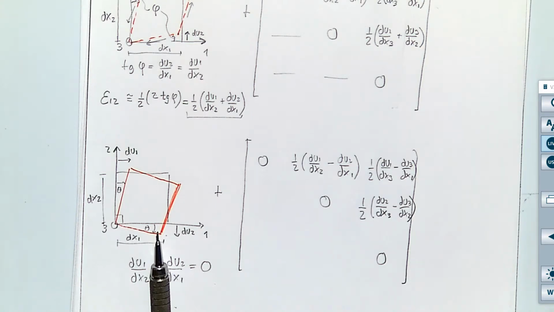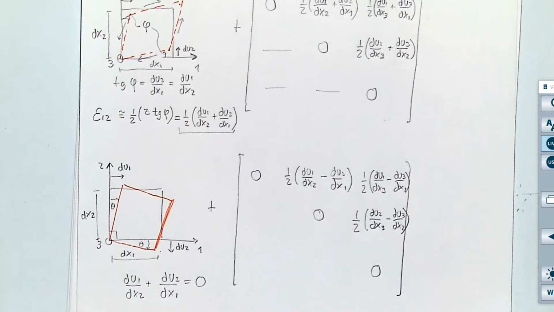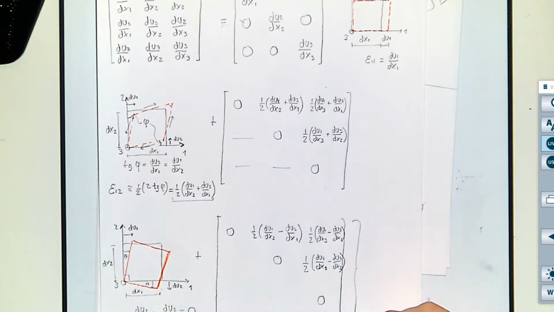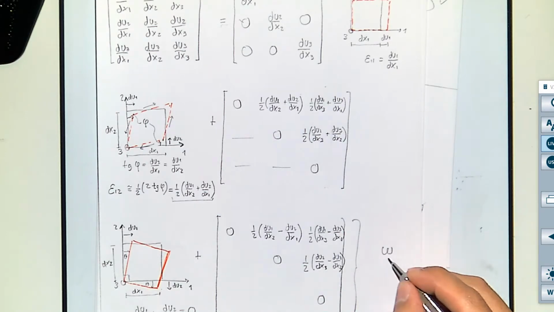In order to capture strain, that's what we need to do with the Jacobian. We need to take away the rotational component. This rotational component is this matrix over here, and this usually goes by omega, and it's called the rotation matrix.